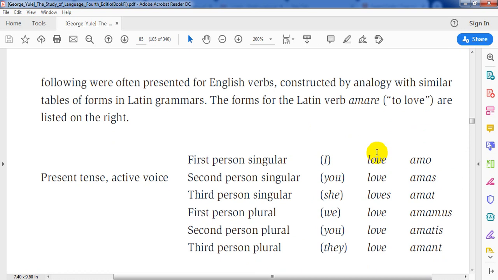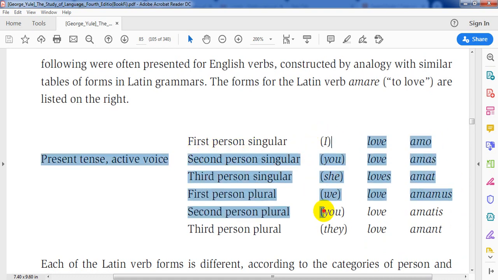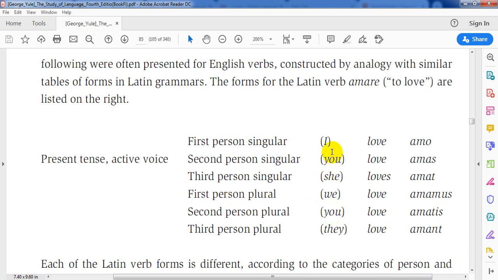So here, amo, amas, amat, amamus, amatis, amat. While in English it is the same, except here we have a small difference. This is according to the pronouns they are connected to.